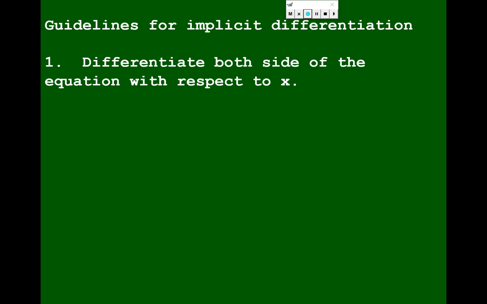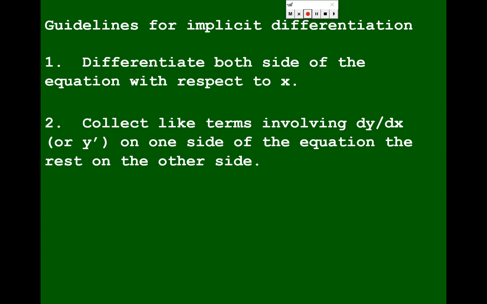In other words, just take the derivative like I've taught you with the power rule, the quotient rule, the square root rule, any rule that I've given you. Just take the derivative like you normally would. However, don't forget, if you take the derivative of something that has a y, make sure you put that y prime or dy dx.